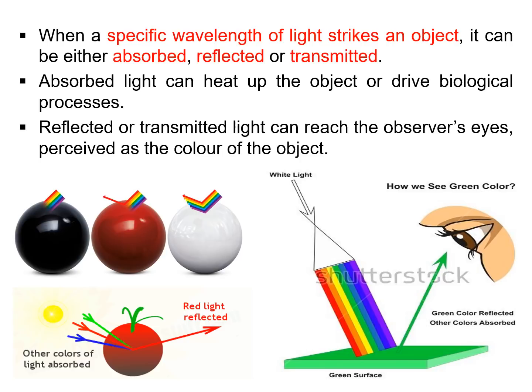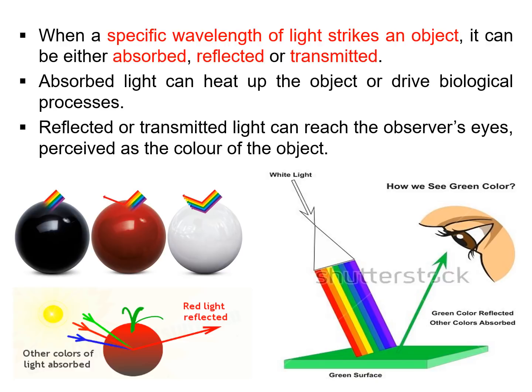And this specific wavelength from 350 to 750 nanometer, when they strike an object, they can be either absorbed, reflected, or transmitted.